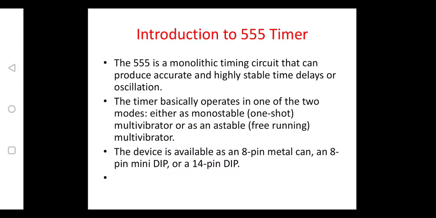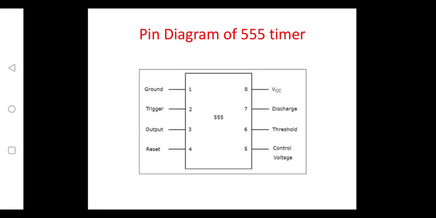Now let us see the pin diagram of a 555 timer. This is the 8-pin 555 timer. The first pin is ground, with respect to which we measure all the voltages. The second pin is trigger.